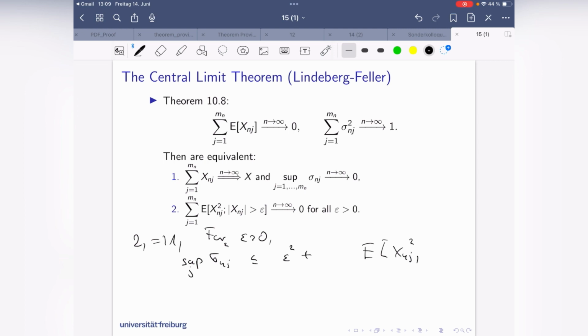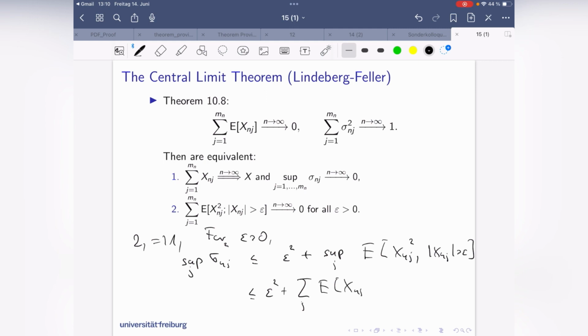I'm splitting x nj bigger than epsilon and x nj smaller than epsilon. For smaller than epsilon, I can have the bound epsilon square for the x nj square. And I still need this sup over all j's. Okay, there's a trivial bound: for positive numbers, I can bound the sup by the sum.